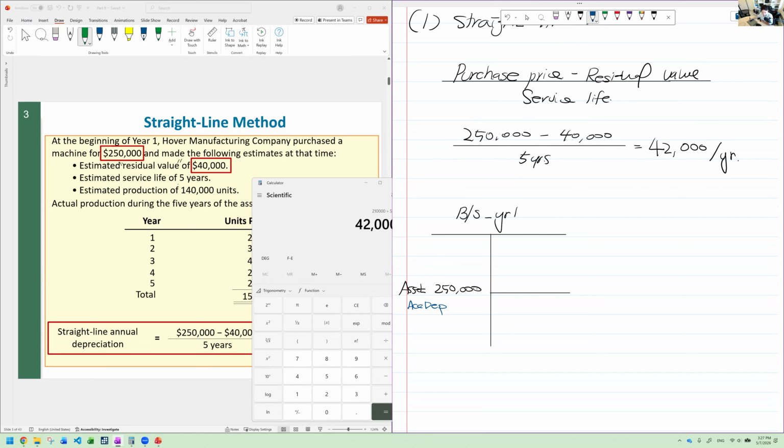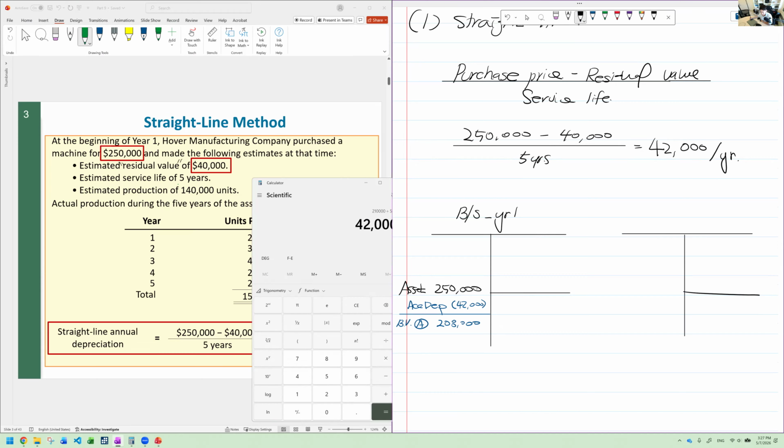So at the end of year one, we depreciated by $42,000. So the net value or the book value of the asset is going to be $208,000.